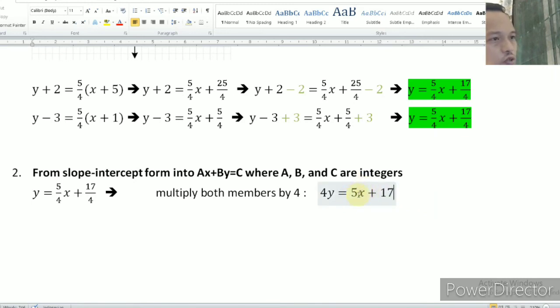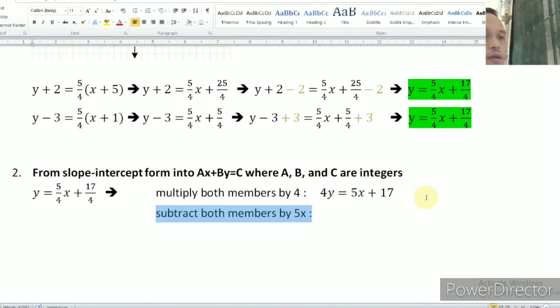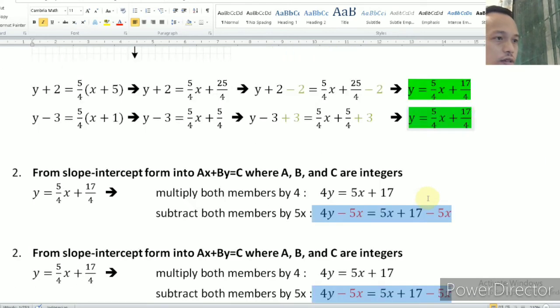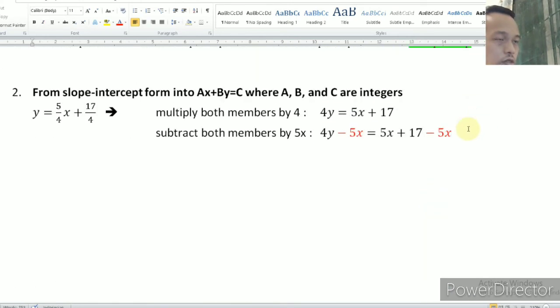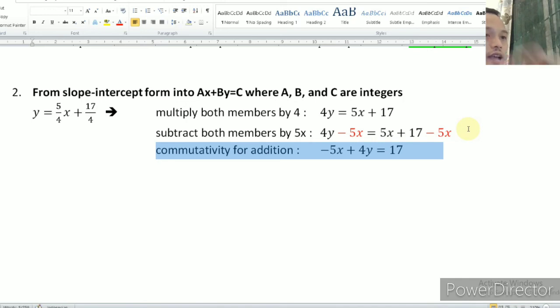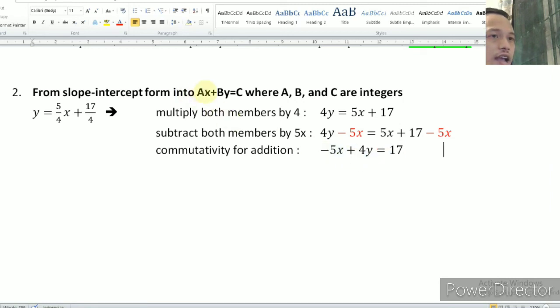Now I need to move this one to the left by subtracting 5x from both members. In the end, I will have this as my statement. Sorry, let me scroll, and then after that, I use the commutativity for addition, and this is it. I already have ax plus by equals c, and a, b, c are integers.